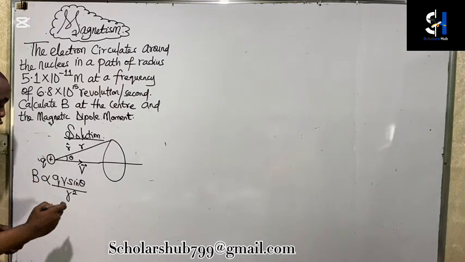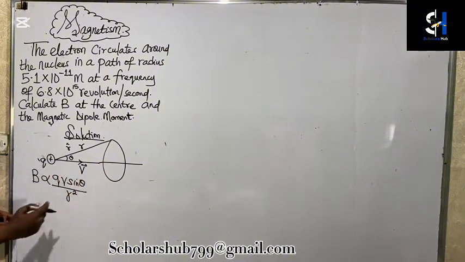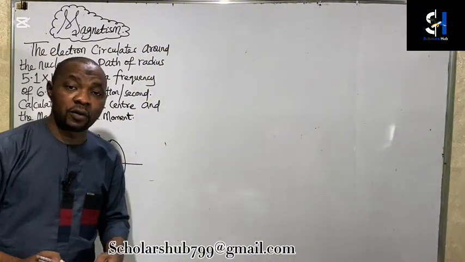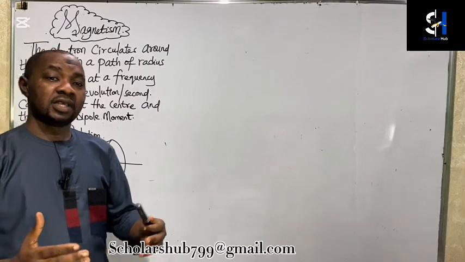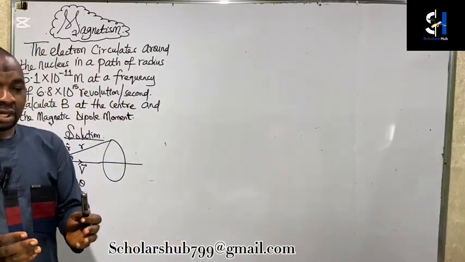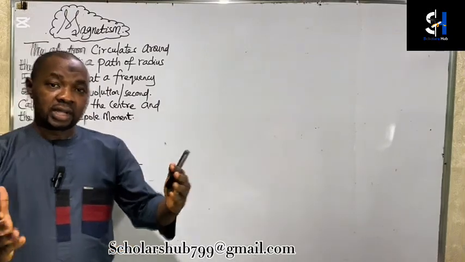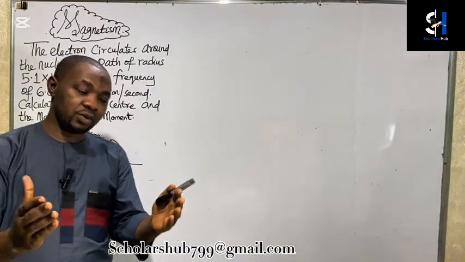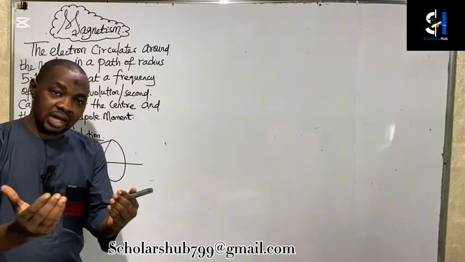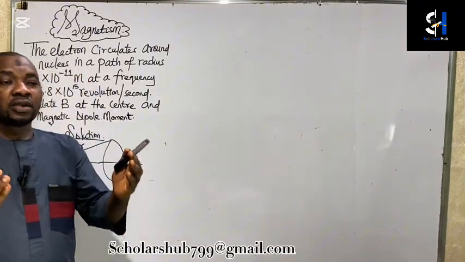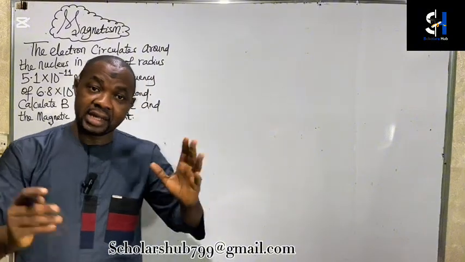Now, when we replace the proportionality sign with an equality sign, we insert a constant factor, just like in Coulomb's law of electrostatics, where we have the electrostatic force between two point charges. Attraction is when we have unlike charges, and repulsion is when we have like charges.